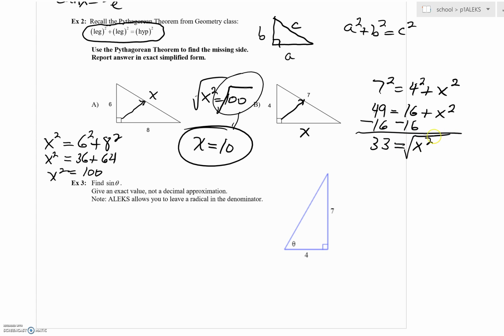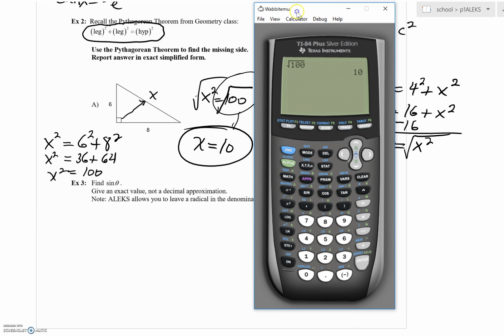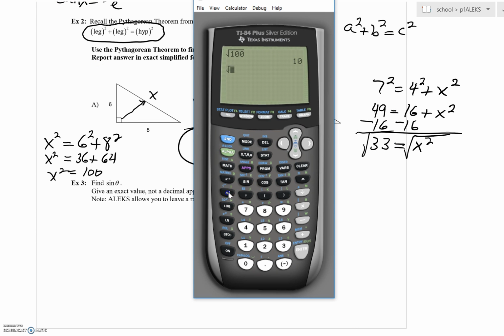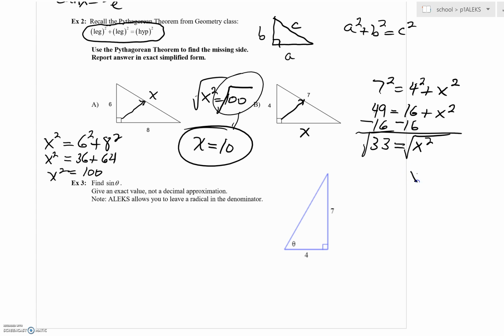And at this point, we're going to take a square root. But notice the big difference here. The square root of 33 is not a whole number. So don't write 5.4. Your answer is just the square root of 33. Please keep that in mind. This is an issue that kids were getting wrong on the homework.